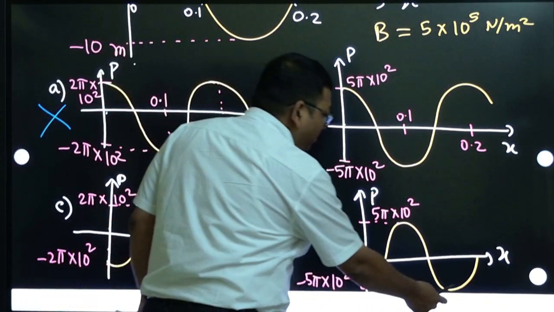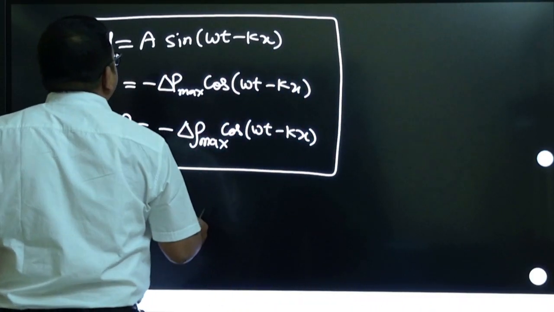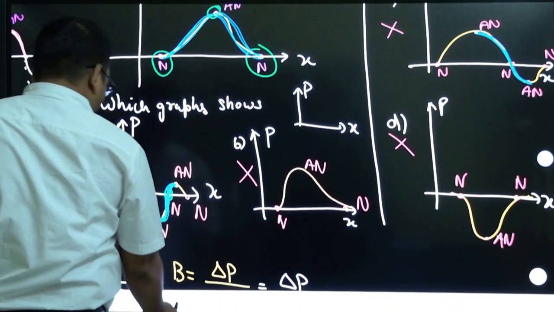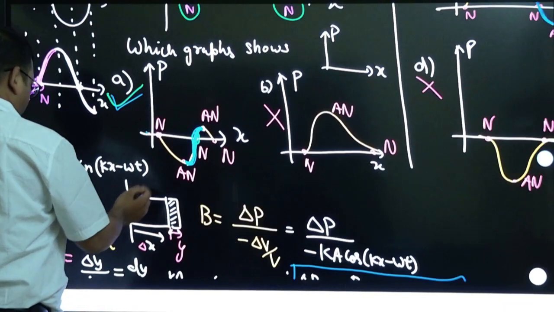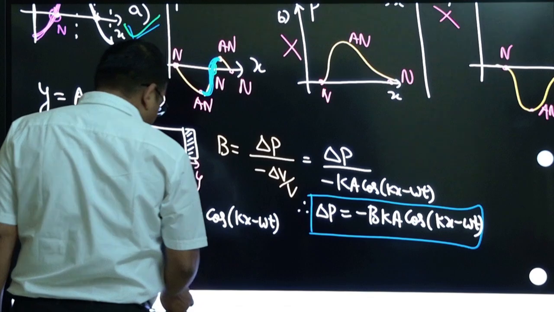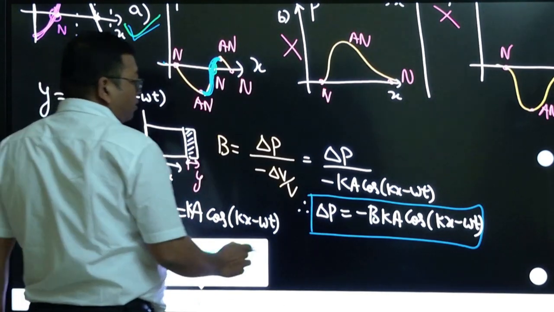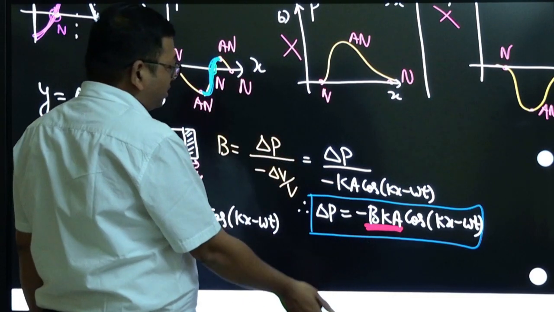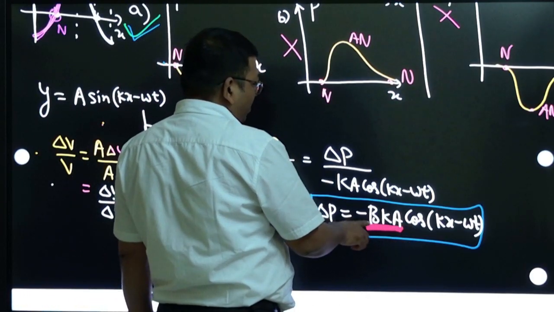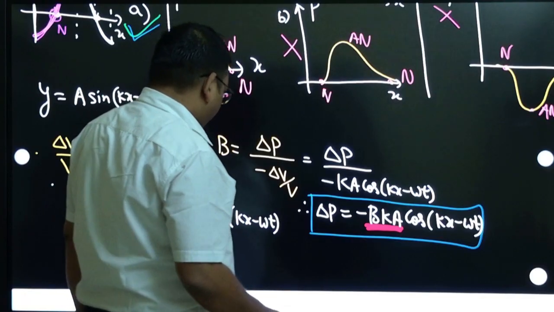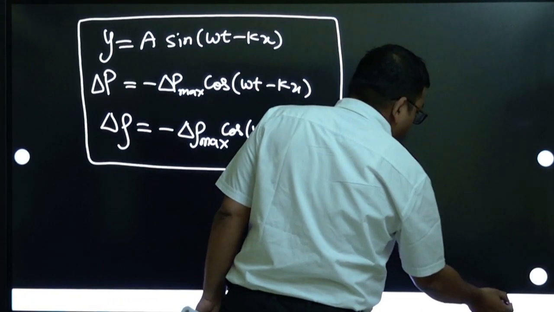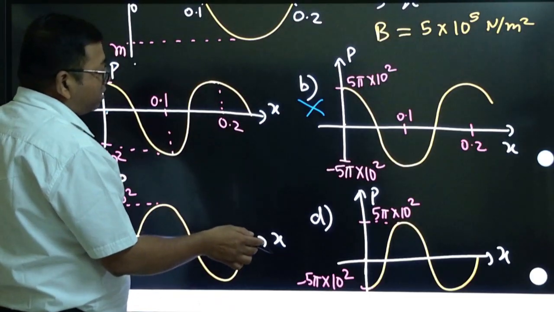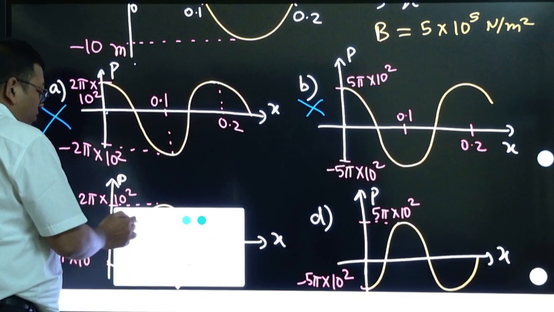You can refer to the previous solution we have done here. This is the pressure amplitude, which we derived here. Remember this formula, BKA. Minus is because cos is minus, but the value will be BKA. Remember, BKA will be the amplitude. So go to that question and check that. You need to make sure the amplitude of pressure is BKA. Now you can do that.